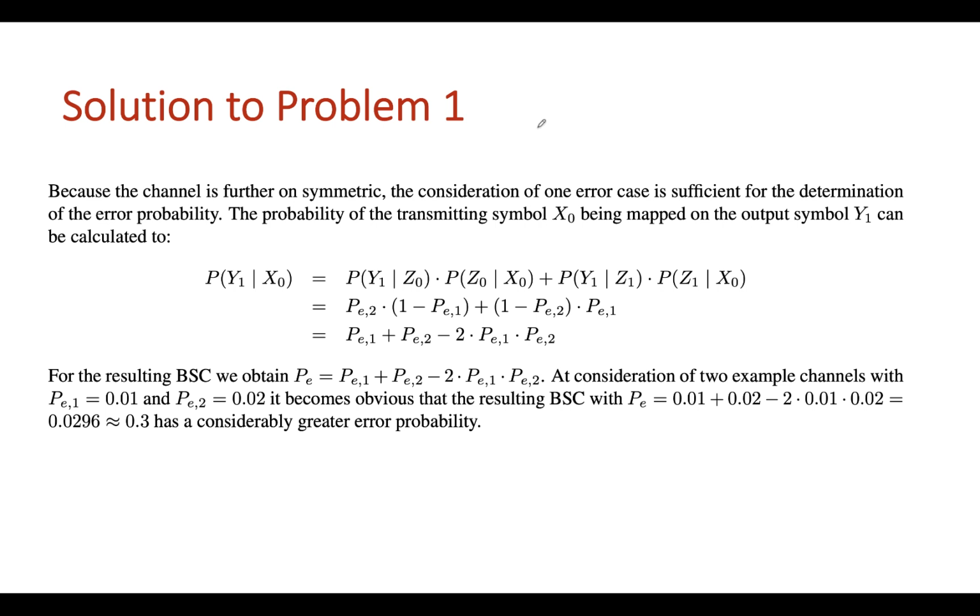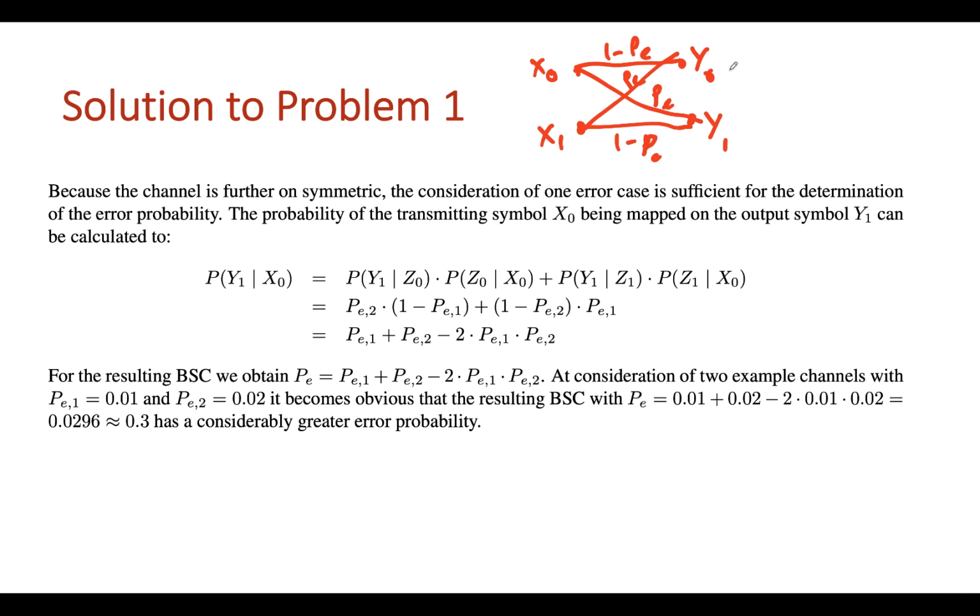What that means is, let's say you have the combined channel whose input is x0 and x1, and you have y0 and y1 as your output, then the probability of error, or probability of getting the bit flipped, is PE, and 1 minus PE is the chance of getting them received correctly.